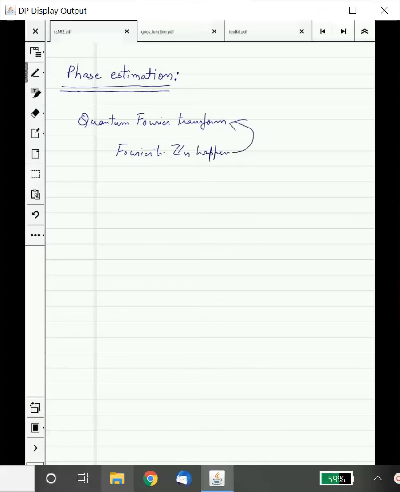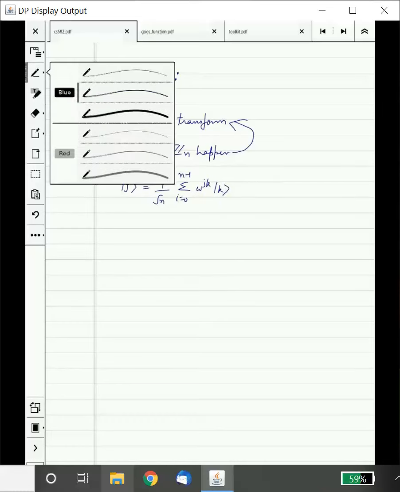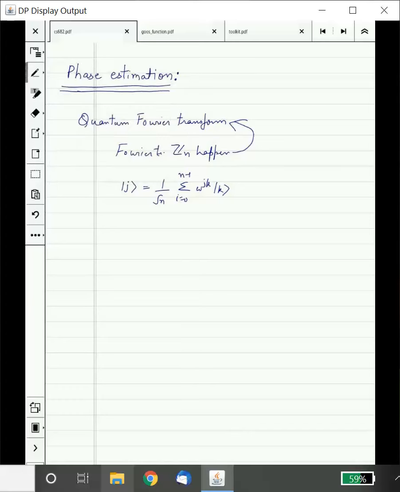If I have to be precise, I would say that the state J was moved to this state. We will remember this. For any basis state, this is what a QFT does.